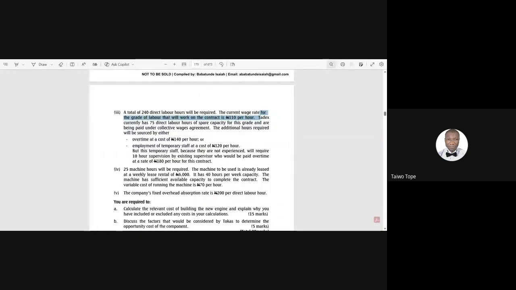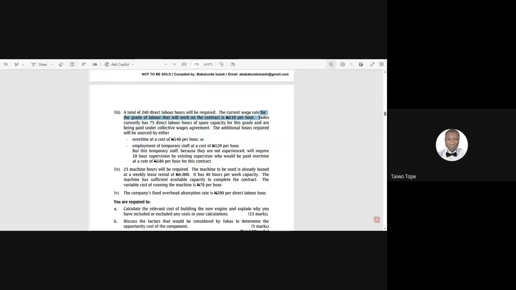So Thaddeus currently has 75 direct labor hours of spare capacity for this grade and they are being paid under a collective wage agreement. It means their payment is fixed. The additional hours required will be sourced by either one, overtime at a cost of 140.